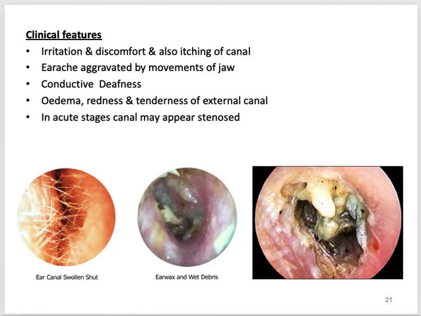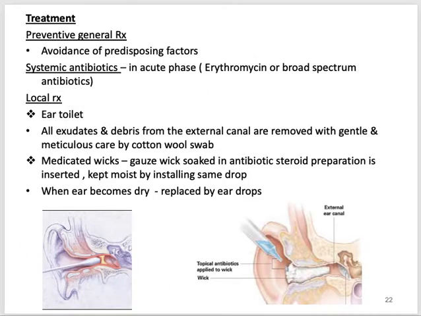So how we treat these patients is simply we give them ear toilet, okay, clean the skin from the ear, take out all the debris, and once the debris is cleared, then we should dry the ear by mopping or by suctioning, and then we can put up medicated wicks. Medicated wicks are covered with medication.